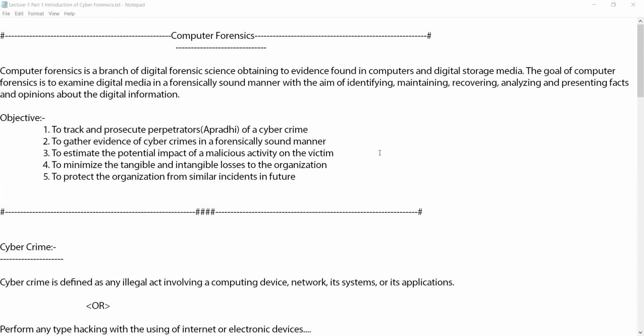In that scenario, you need to advise and provide countermeasures for similar incidents in future. So these are the five types of objectives. If you're working as a forensic investigator, you need to follow and complete all these computer forensic objectives. Okay, clear, guys?